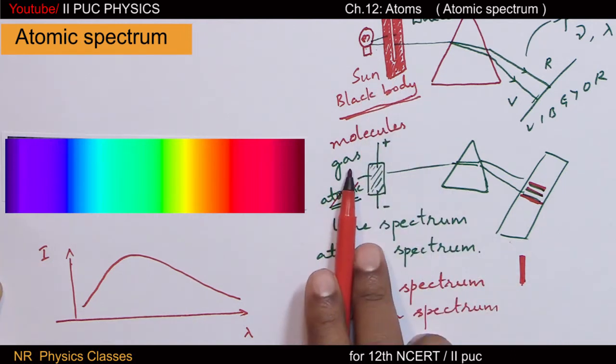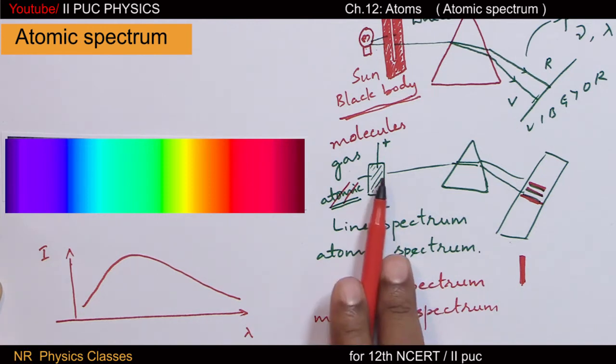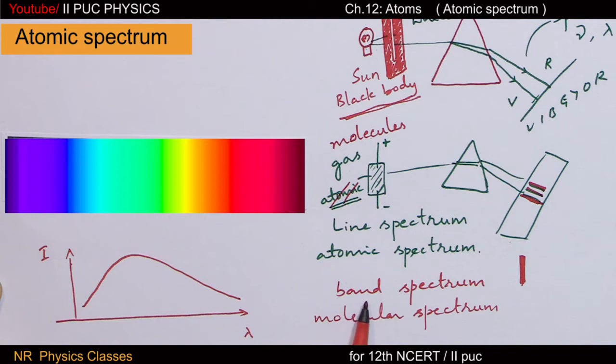Next, gas in atomic state gives line spectrum. Bright lines on dark background, also called atomic spectrum. If emitter is in molecular state, then band spectrum, also called molecular spectrum.